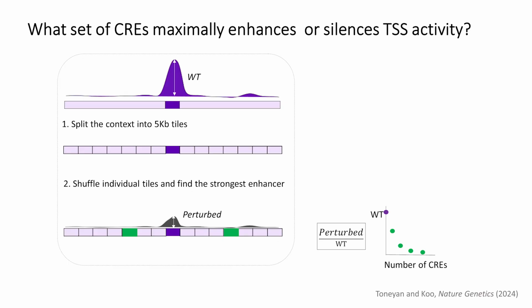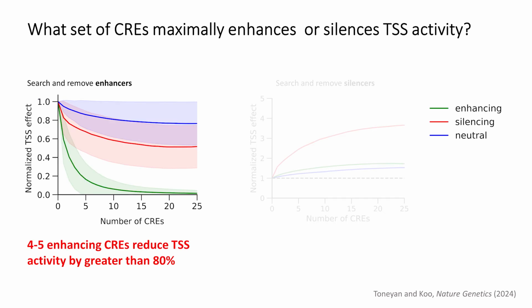We can track these perturbations across the iterations of shuffling on this study diagram. When we look at the results averaged across different populations of sequences, we see around 4 to 5 enhancing CREs on average within the enhancing landscape genes that reduce the activity of the TSS by greater than 80%, which is quite interesting.